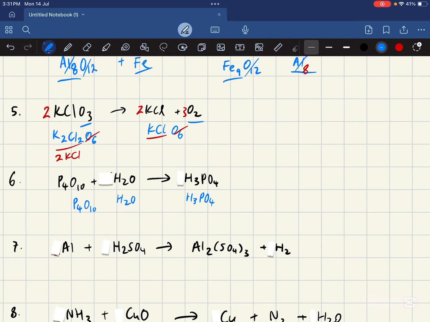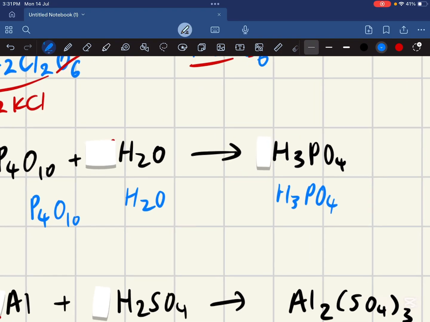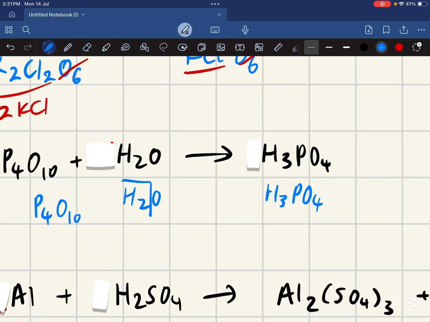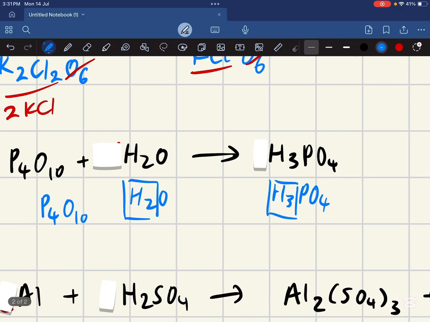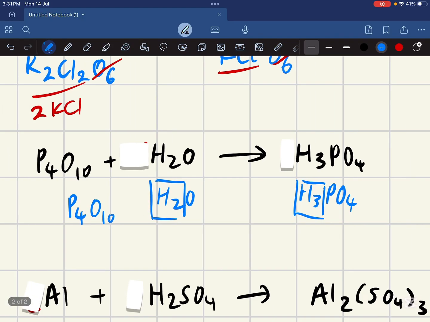Okay. Now, we have a H2 and we have a H3. And they're in their own space. Usually, that would mean I'll make them H6. So if I were to do that, this will be a 2 and this will be a 3.